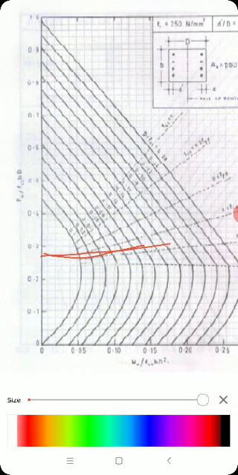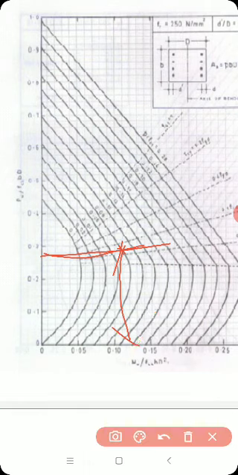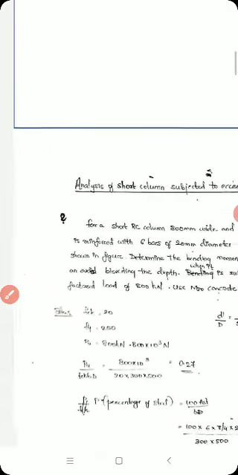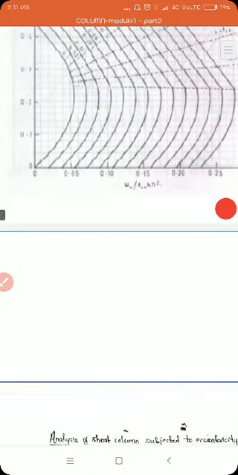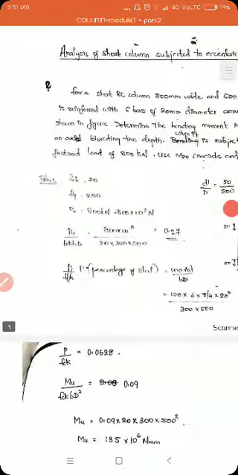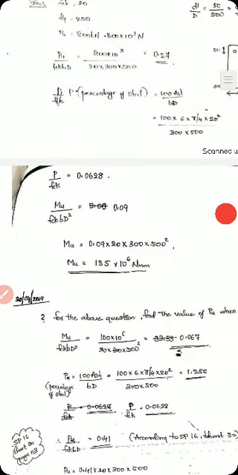We interpolate it with the p by fck value. p by fck 0.06 is in between 0.08 and 0.06. So we note the point where these two values meet, and we read it to the x-axis, and then we get the value of Mu by fck bD square. So we find Mu by fck bD square as 0.09, and then we find out the value of Mu.